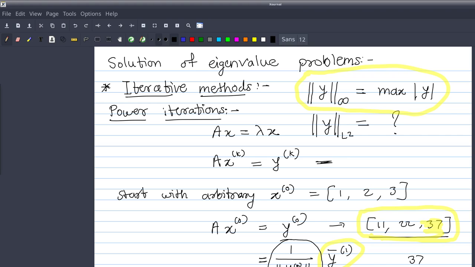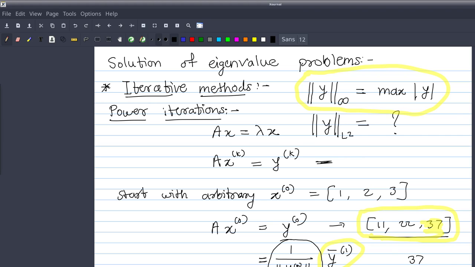So what you mean is that the eigenvalue will be 1 always? That's not correct. Sir, the final value, because we are iterating every time, so the final value of the infinity norm of this y0 will be the eigenvalue. Yeah. Okay.